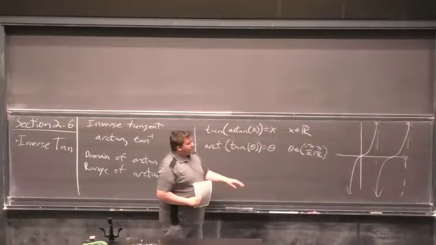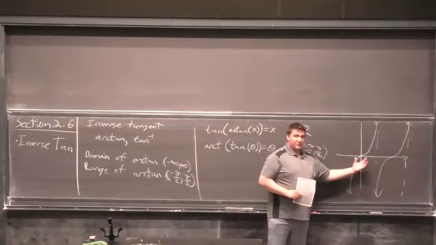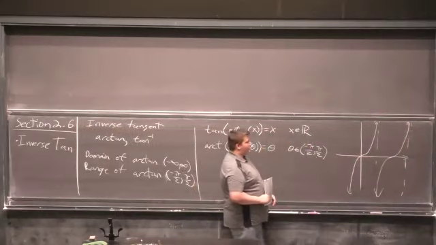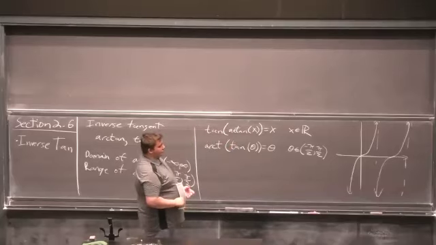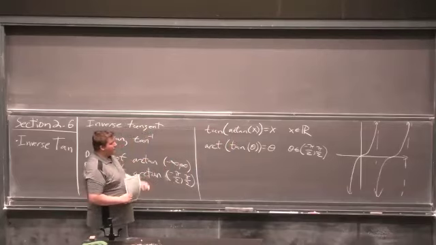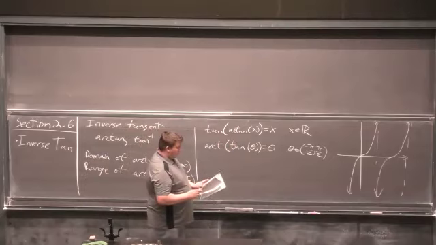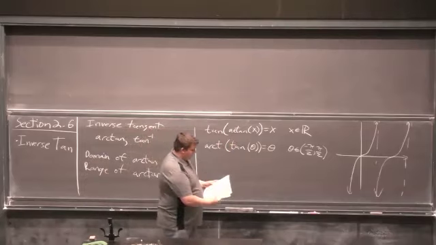So we restrict ourselves just to the standard interval for the tangent, the one that crosses the x-axis and the y-axis, or goes through the origin. And we can see some examples with this.